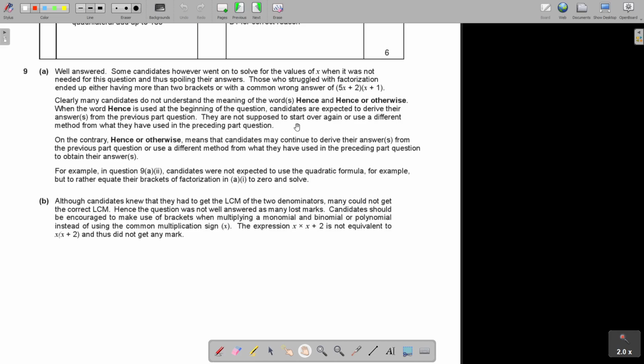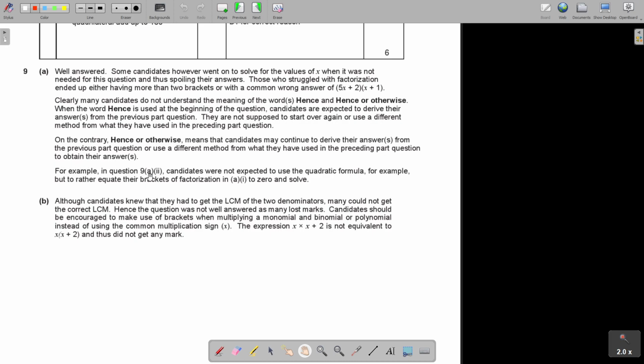They are not supposed to start over again or use a different method from what they have used in the preceding part question. Okay. On the other hand, hence or otherwise means that candidates may continue to derive their answer from their previous part question or use a different method to obtain their answer.